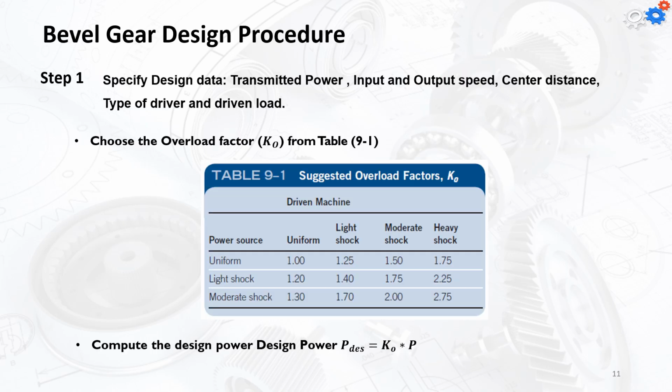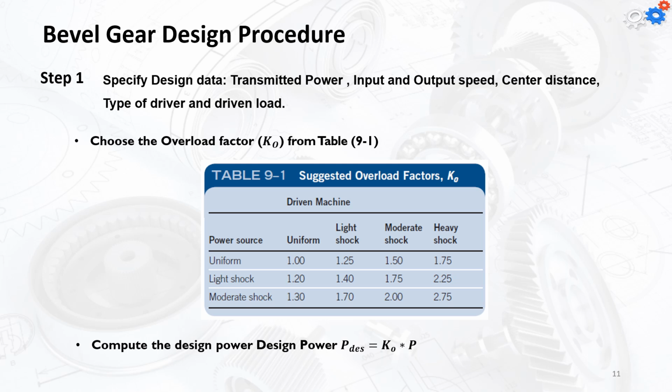So the procedure can be summarized as the following steps. The first step is to specify the design data: transmitted power, the input and the output speed, the center distance, the type of the driver and driven load. Then we can choose the overload factor from Table 9.1, depending on what the power source is and what the driven machine is.